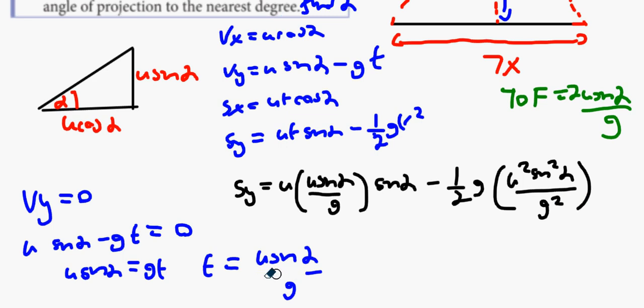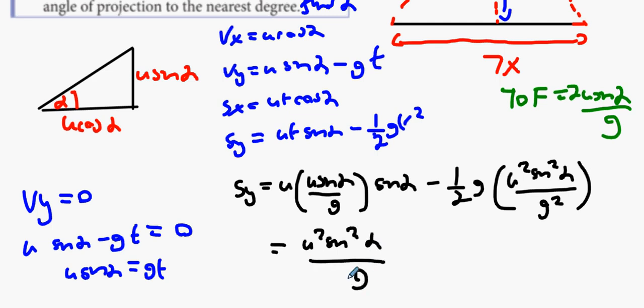I think what normally happens here is it's one of them take away a half of them. So what I mean by that is it's going to be u squared sin squared alpha over g, and it's always take away u squared sin squared alpha over 2g. So it's the same thing as 1 take away a half.